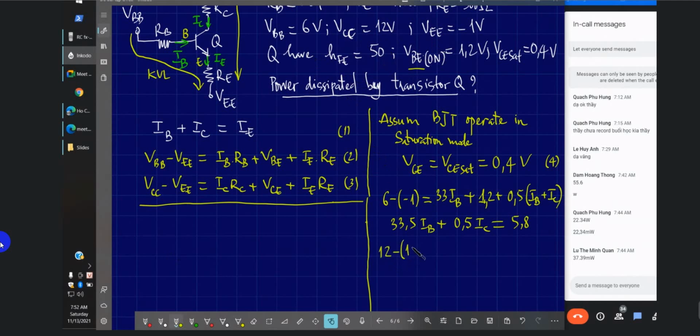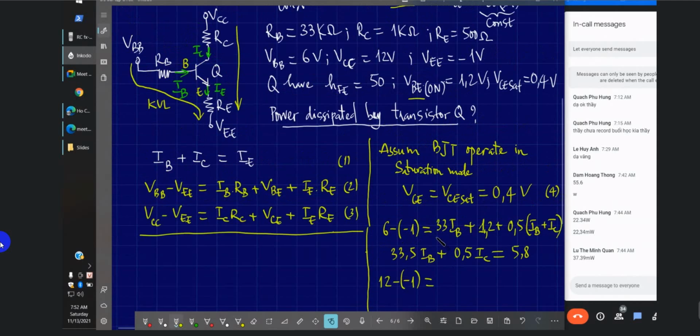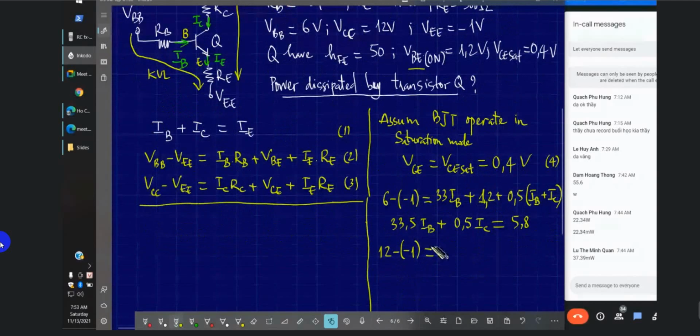Minus of minus 1, equal to IC RC. What is RC? RC is 1 kilo ohms, okay? 1 kilo ohms times IC. And then VCE is 0.4. And then IE RE plus 0.5, and then IB, IC.